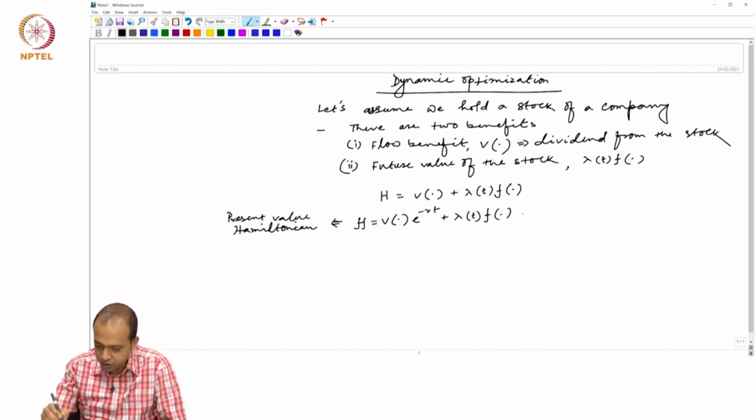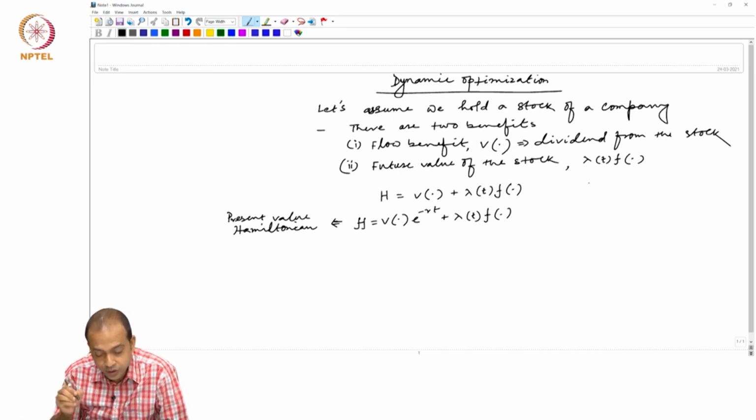So, here we have converted flow benefit into stock benefit.